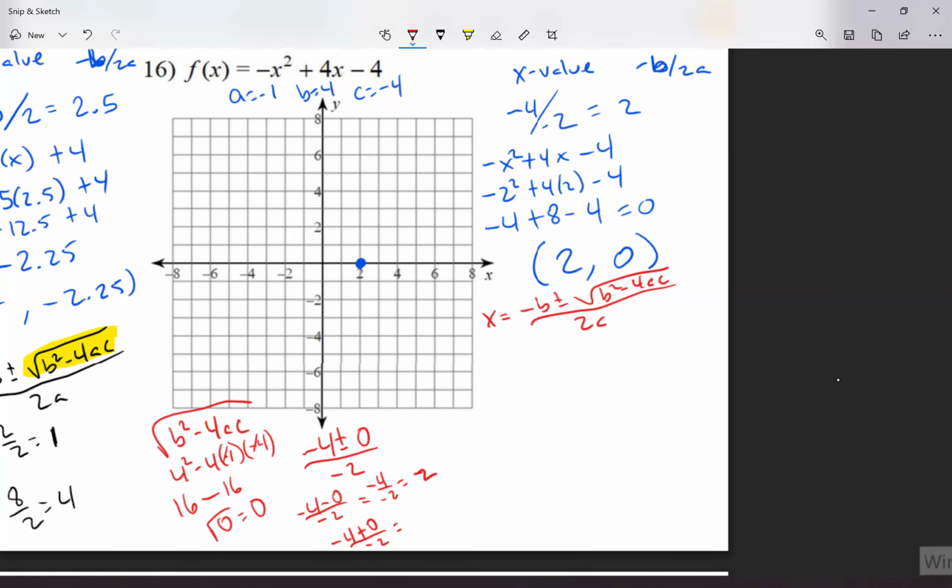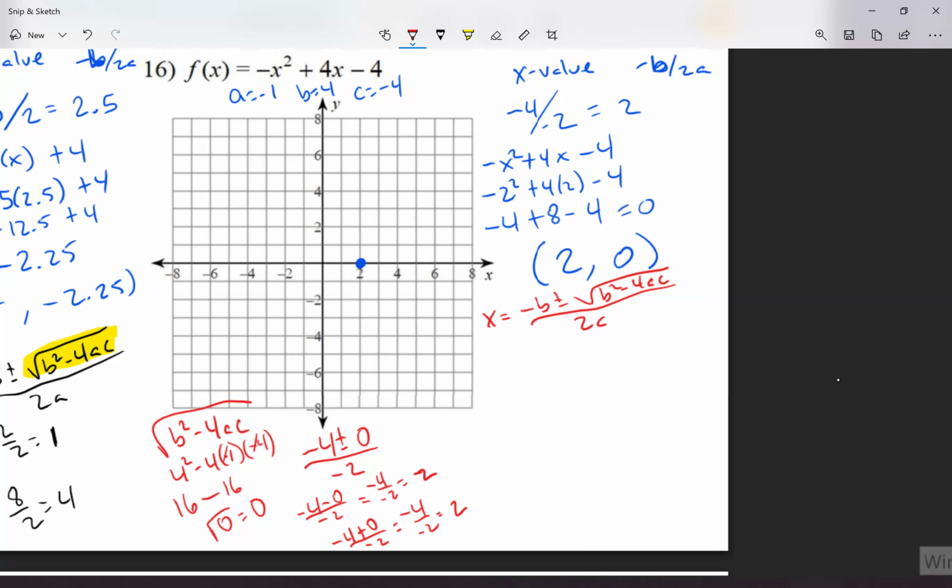Looking at the other one, I have negative 4 over negative 2, so it gives me positive 2. So I get the same 0, right? What that means is on the x-axis, I touched the x-axis at 2, but I'm like, wait a minute, I already knew that, because my vertex is on the x-axis. So I only touch at one point.